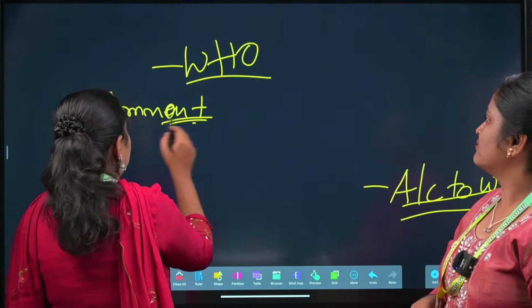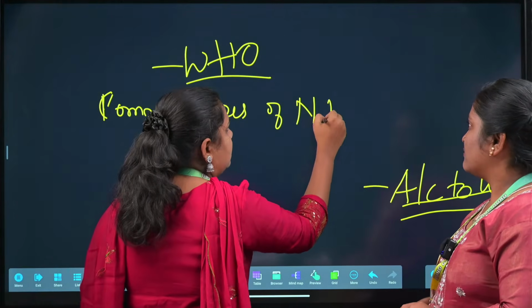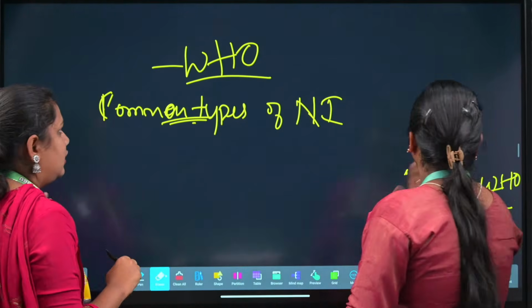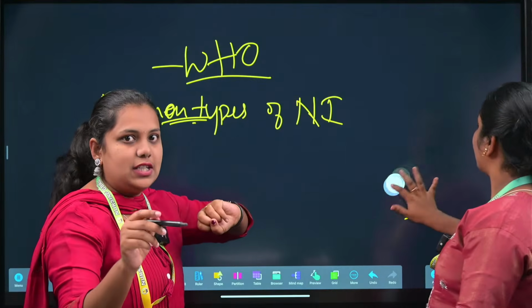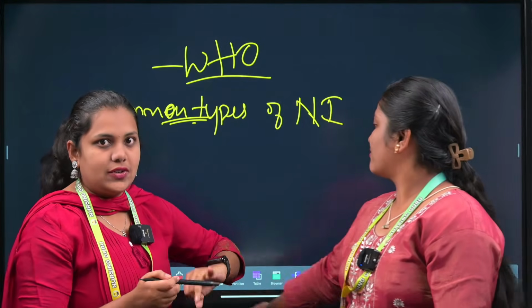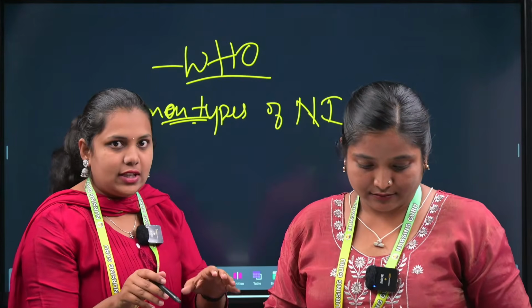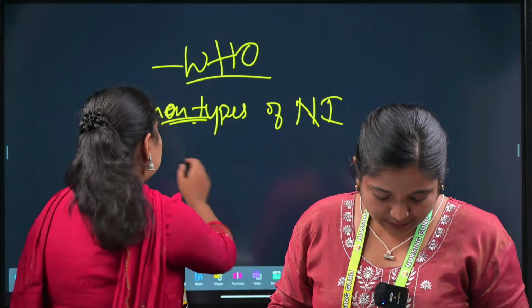Next is common types of nosocomial infection. I am just telling you how to present the answer. In the first page you have covered the introduction and the two definitions. If you have space in that first page, you can start with the common types.